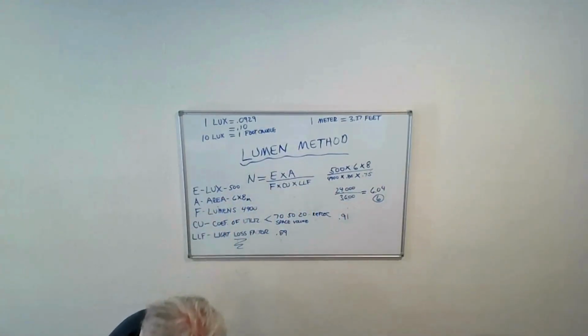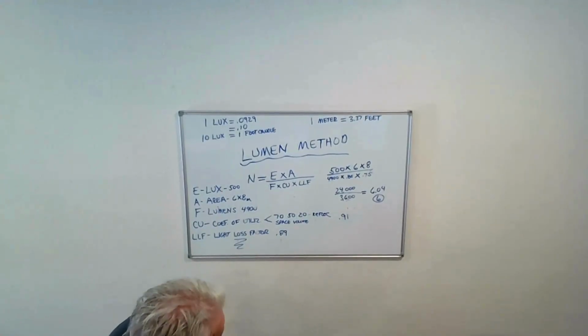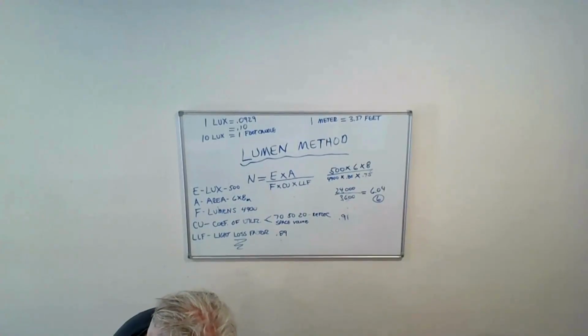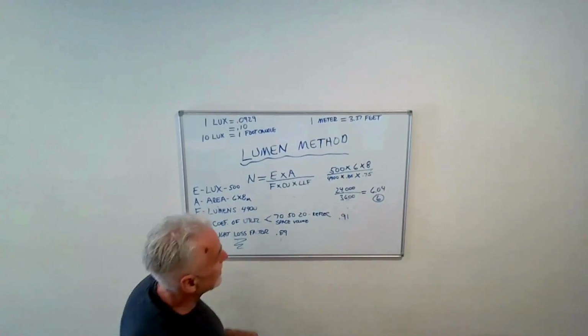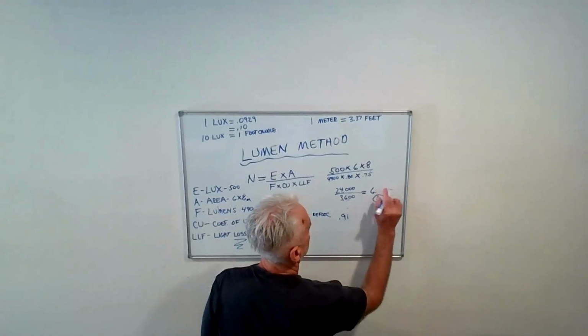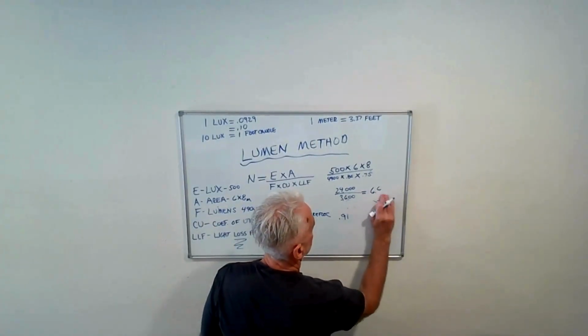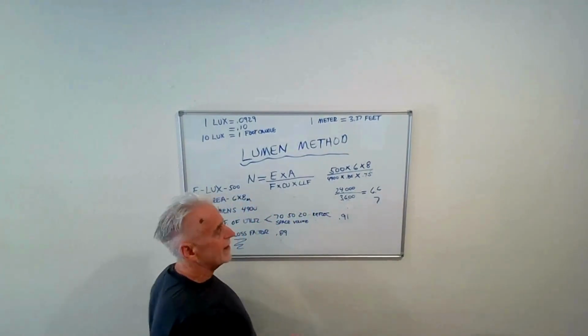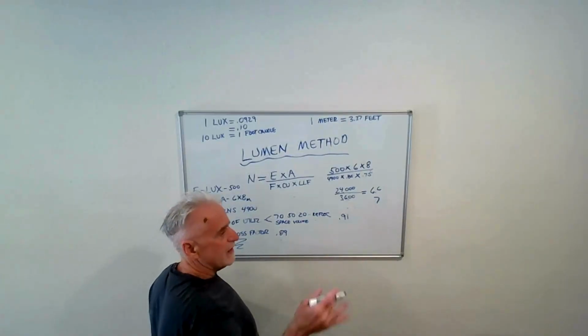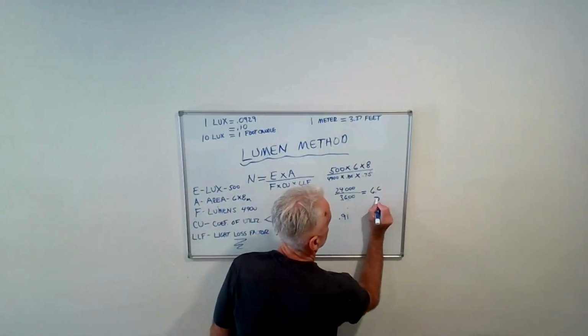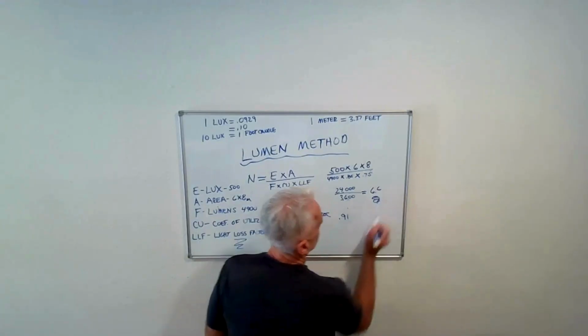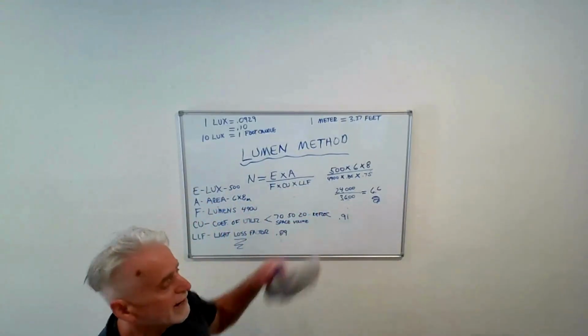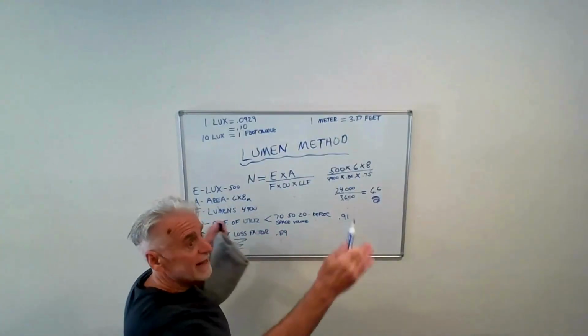So we take 24,000 divided by 3,600. It says I need 6.6 fixtures. So now I'm estimating that I'm going to need 7, but typically if I'm doing a layout for a room, maybe I'm going to say, hey, for this project, we might need 8 to create that base layer of lighting.